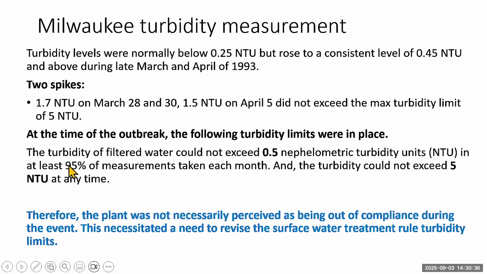When it happened, the turbidity of the filtered water couldn't exceed 0.5 in at least 95% of the measurements, and it couldn't exceed 5 at any time, which it didn't. So it didn't seem like there would be a problem. But we eventually figured out that the limits needed to be lower.